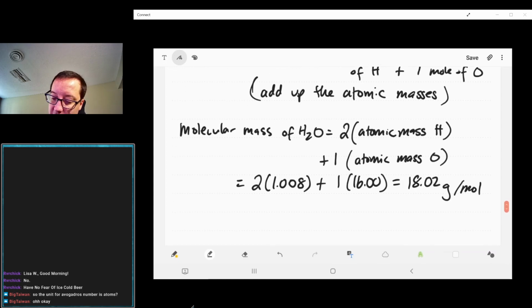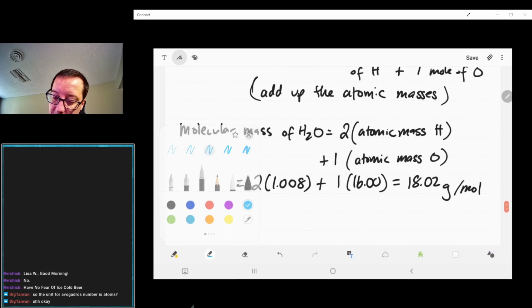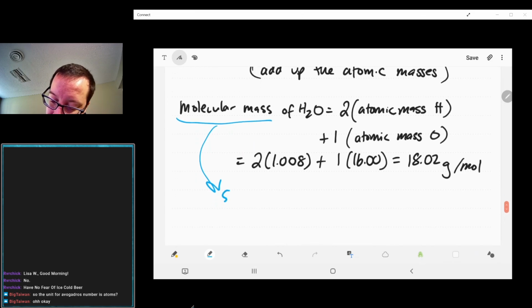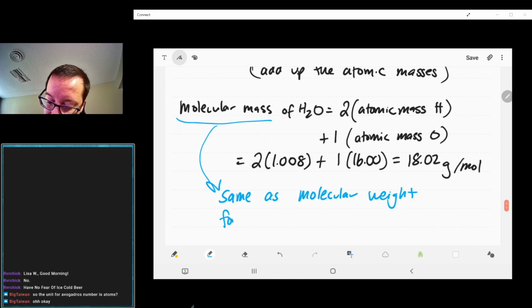Oftentimes, unfortunately, we have many names for molecular mass. We can also call this molecular weight, or formula mass, or formula weight, or more generally, molar mass.